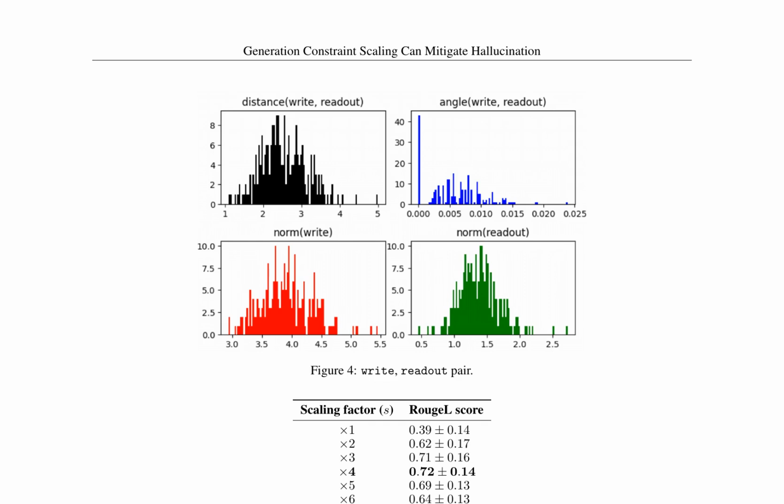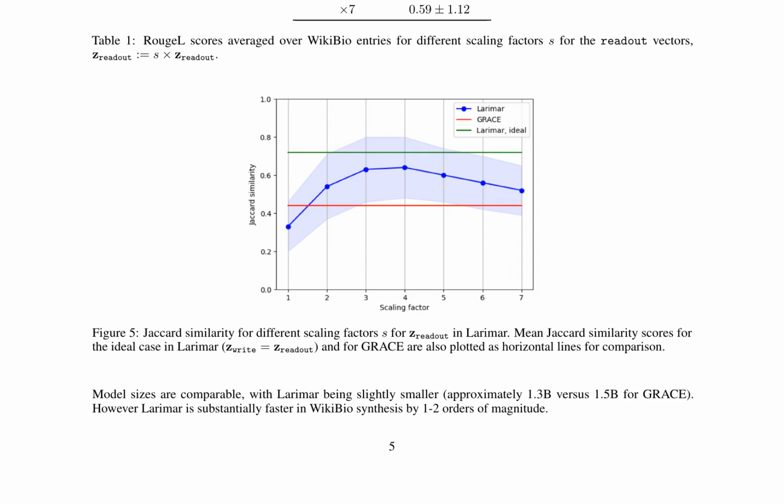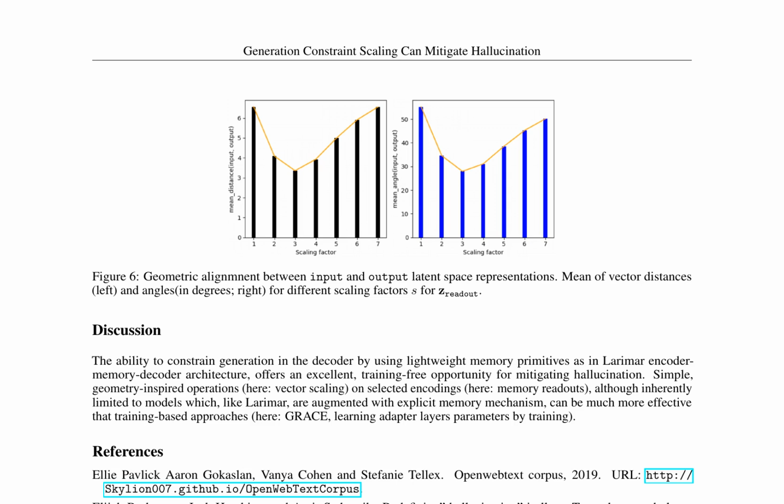The study focuses on the Larimar model, which incorporates lightweight memory primitives, and its ability to constrain generation effectively without requiring training. The use of scaling factors on readout vectors is shown to improve Rouge-L scores and Jaccard similarity, indicating better performance in generating coherent text.